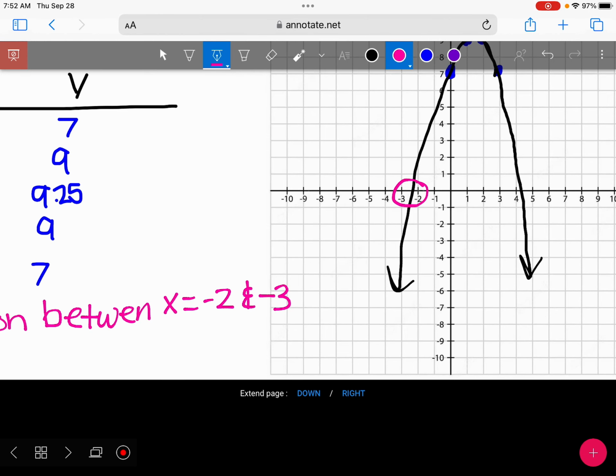We have another solution between x equals 4 and x equals 5. Oops, I erased part of my x.